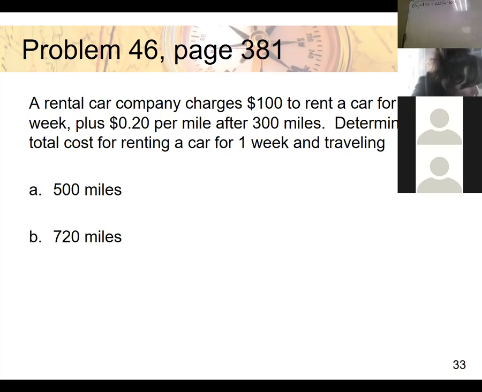Here I want to determine the cost of the car for 1 week, and let's say that we travel 500 miles. This is part A. So M is going to be 500.